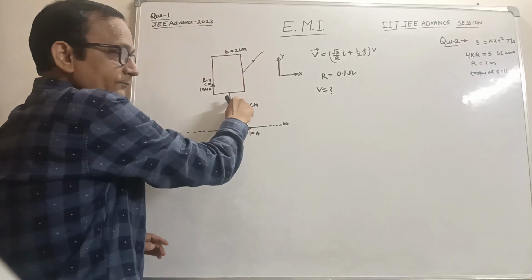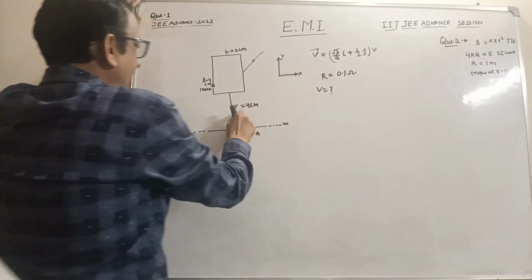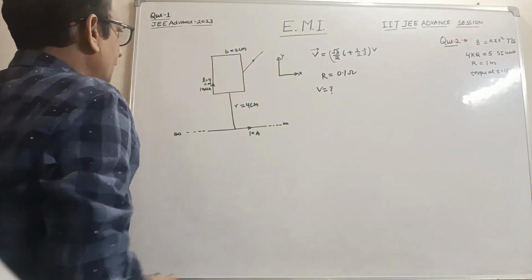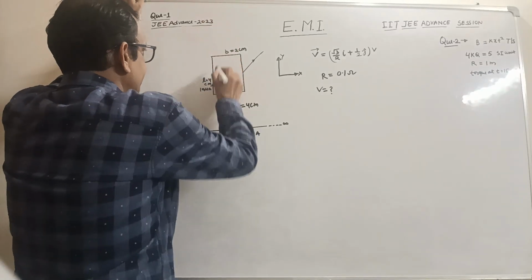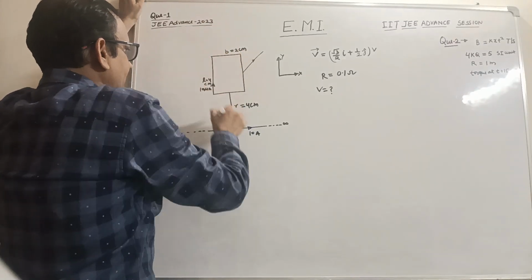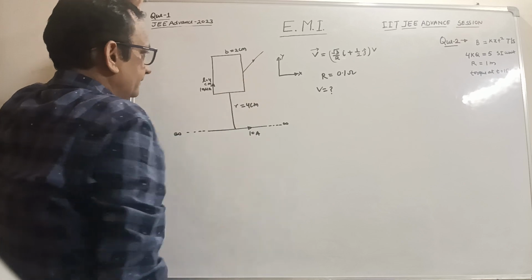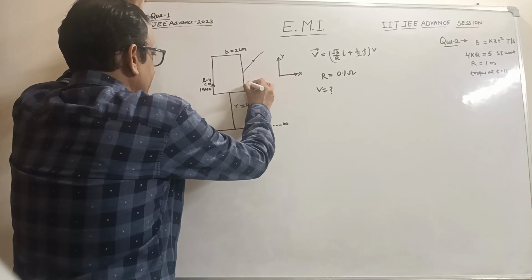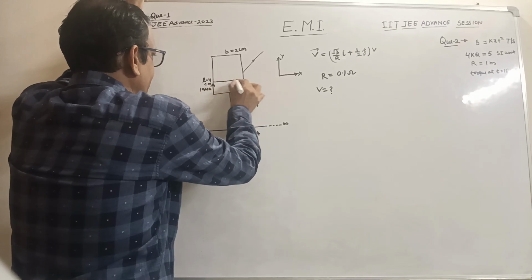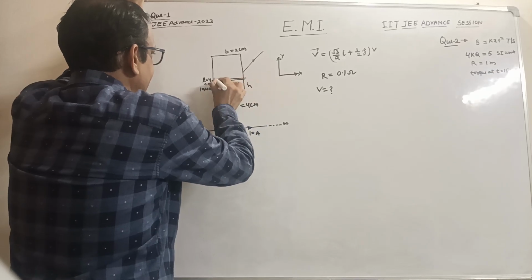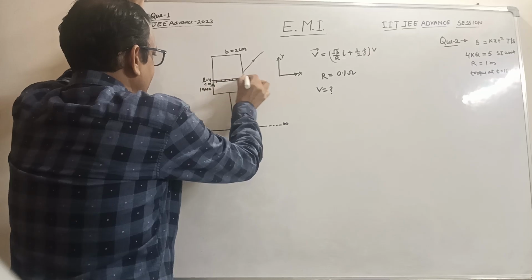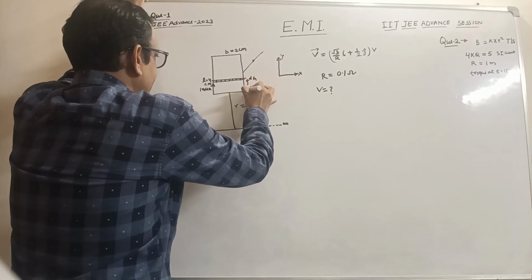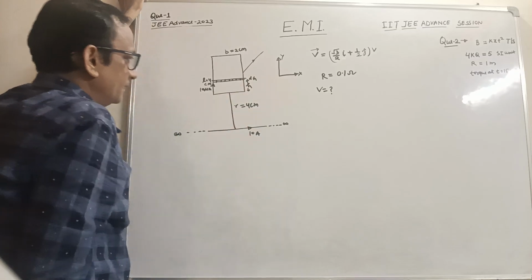We have to find the velocity at the instant when this distance is 4 centimeter. We take this as B, this length as L, and this distance as R. For integration purposes we take a strip here, where ds is the thickness of the strip, and this is height h.